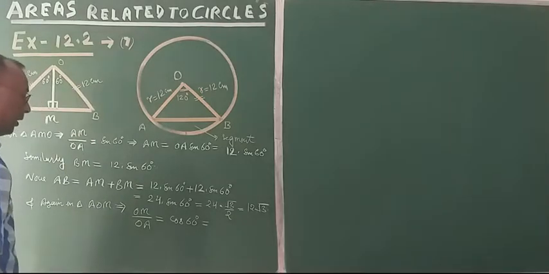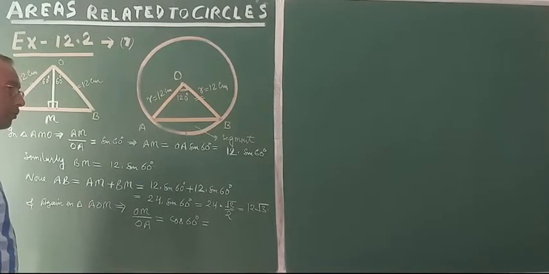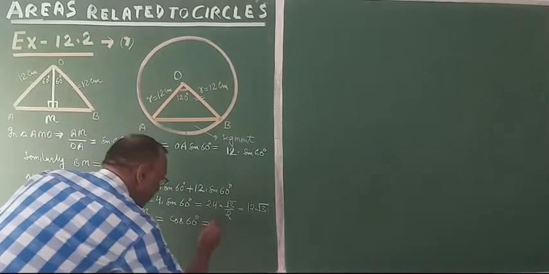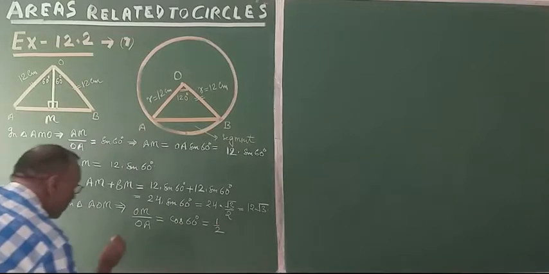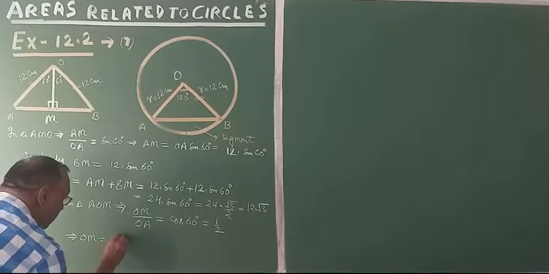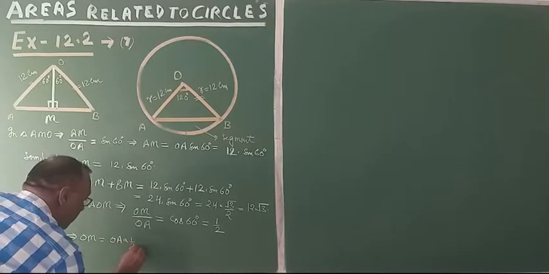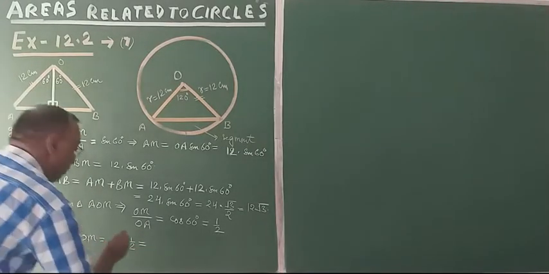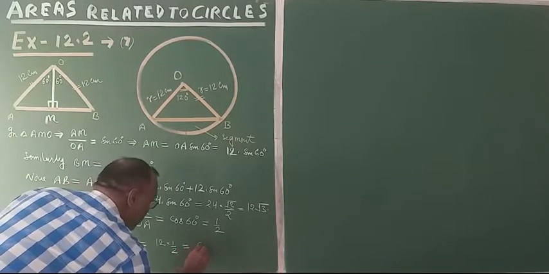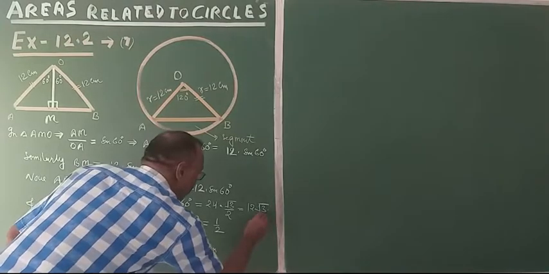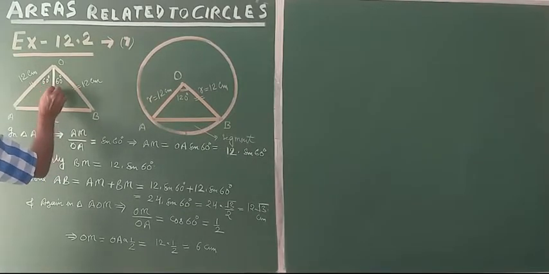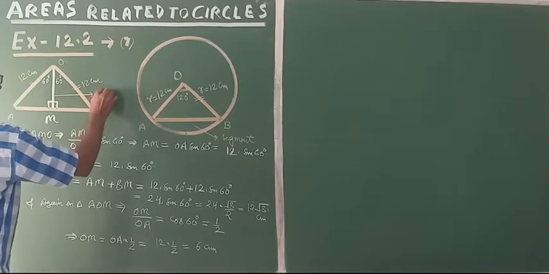And cos 60 degree is how much? 1 upon 2. Therefore, OM will be equal to OA into 1 upon 2. What is the value of OA? 12. 12 into 1 upon 2, that is 6 centimeter. What is the value of OM? This is 6 centimeter.